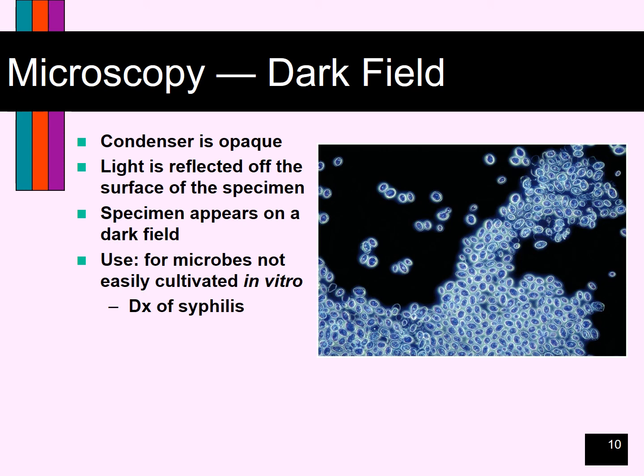But if you took a sample and looked at it under the dark field microscope, spirochetes are motile by endoflagella, and so they have an erratic, jerky movement. So if you saw a spirochete moving in an erratic, jerky way, that would be at least a preliminary diagnosis of syphilis.